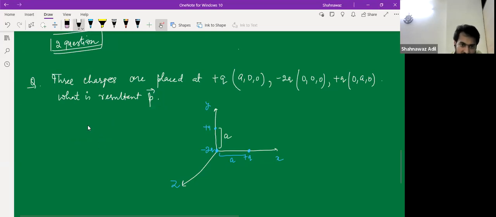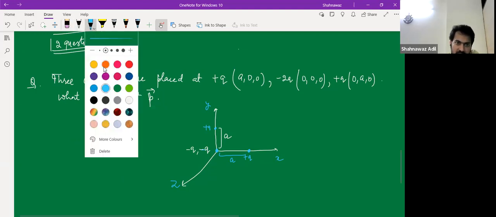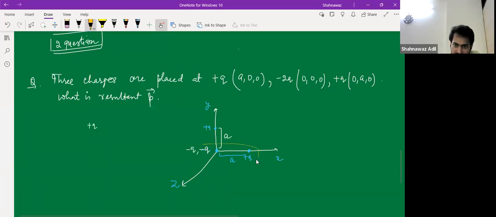One is this plus Q, and we can divide this as minus Q and minus Q. So we have two charges which are minus Q and minus Q, so we have one dipole like this, and we have another dipole like this.